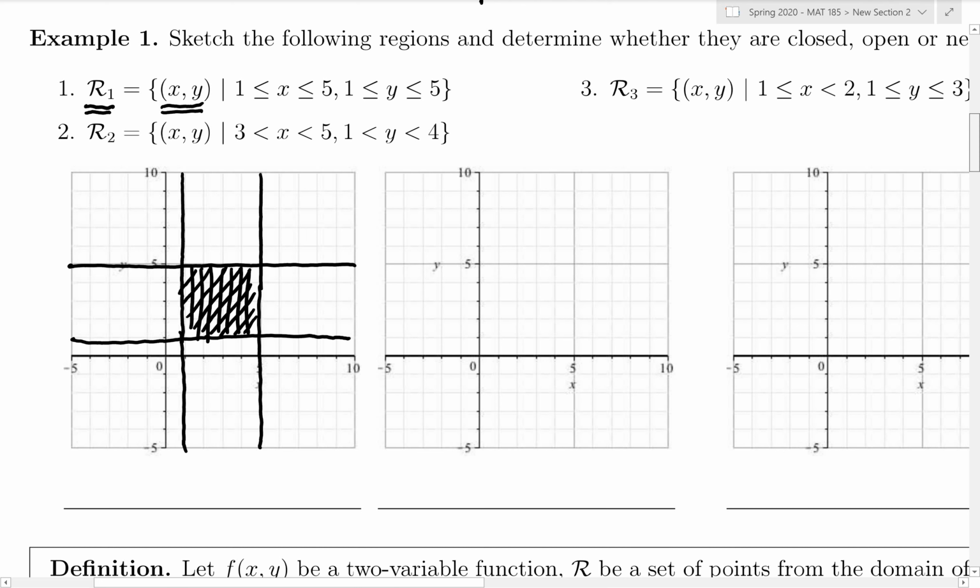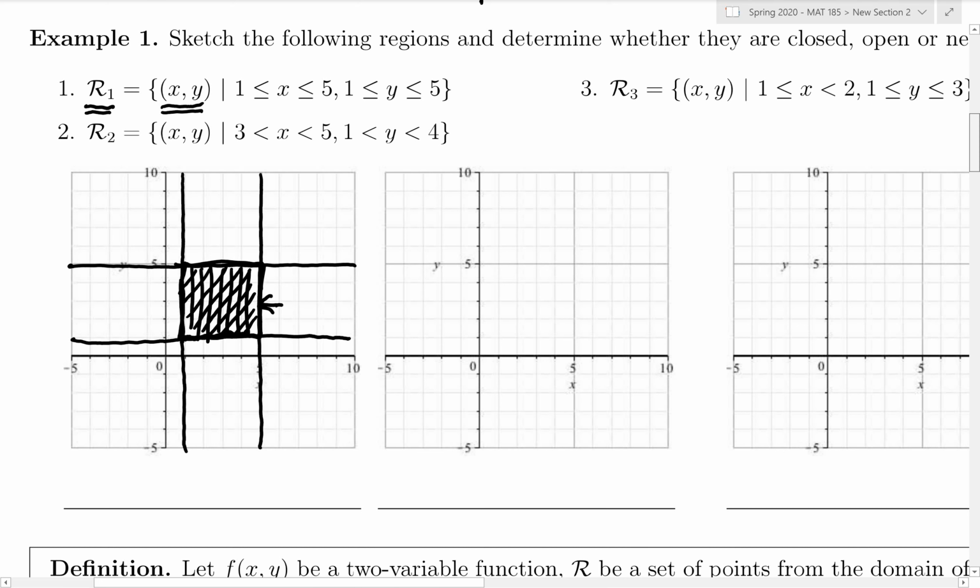The question we'd like to answer now is whether that's closed, open, or neither. We would like to figure out whether it includes all of its boundary points or does not include any of its boundary points. If we're looking at this region, what are the boundary points going to be? Exactly, the boundary is going to be this little square right here. Are these points included?